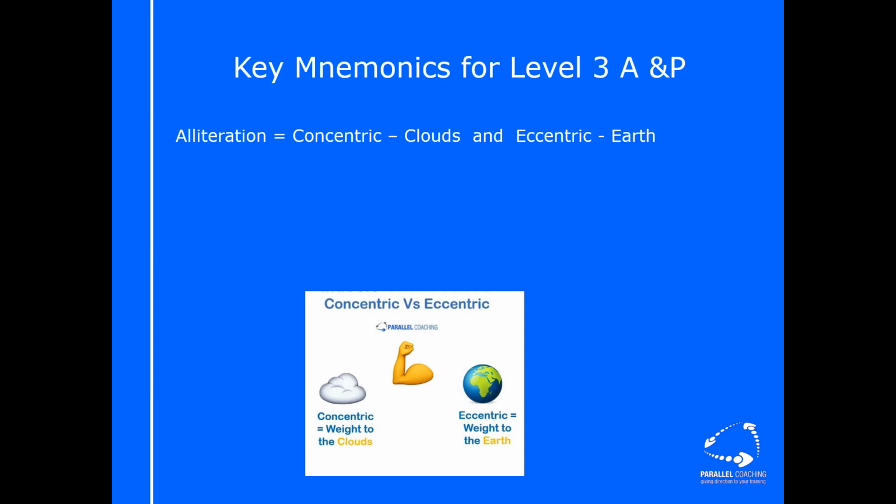A way to remember that is that the concentric phase is when the load, so that's your body or the barbell, is going towards the clouds. That's the concentric phase. And then the eccentric phase is when the body or the load is going down towards the earth. And you can use this alliteration to help you remember that concentric goes to the clouds, eccentric goes to the earth. And this just shows how easy it is to remember quite complex topics using something like alliteration.